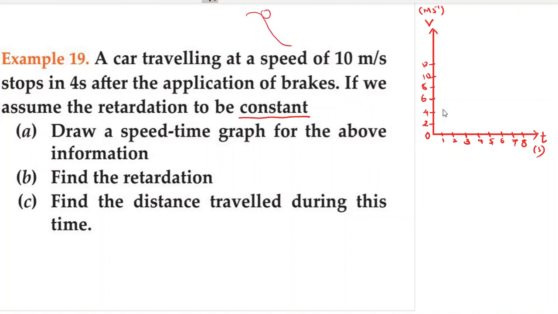You remember that example which I just gave you. So from 10 meter per second, the speed becomes directly 0 meter per second. But after how much time? 4 seconds. So let's draw a straight line from this point, right, to this point.